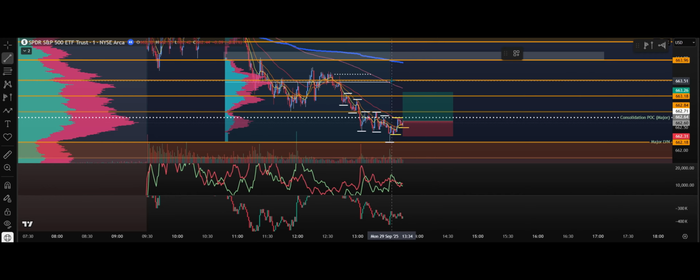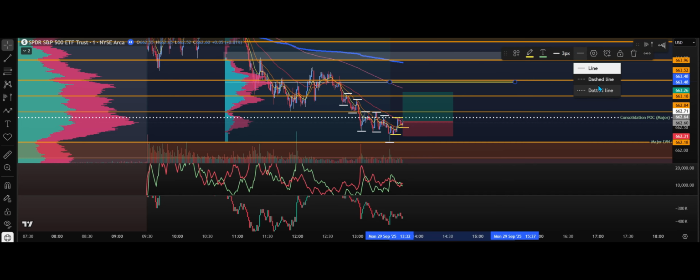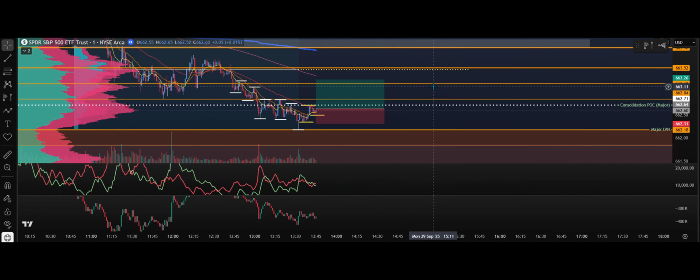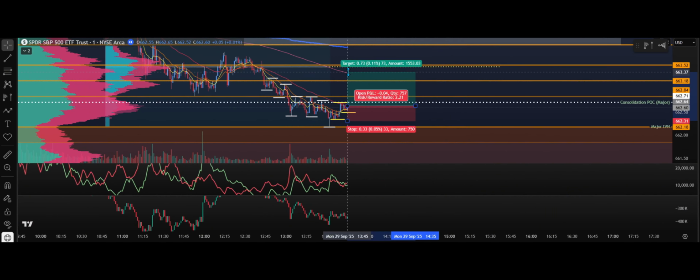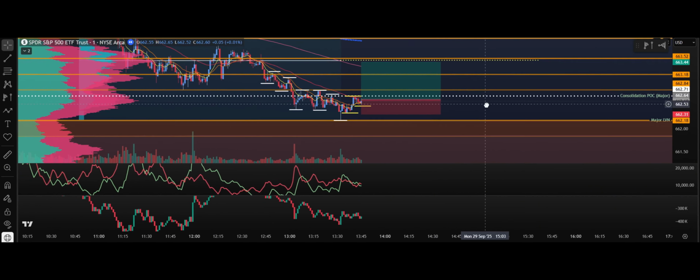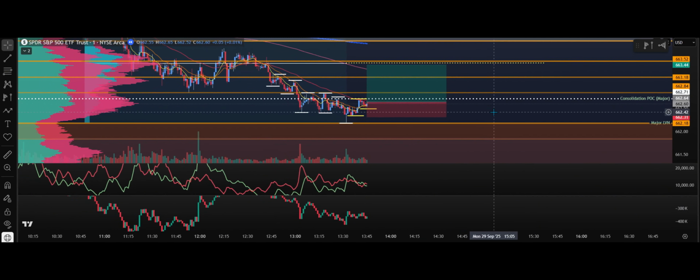So I'm going to go ahead and just put a yellow line for my target, and I'll make that dashed so I know it's a point of control. It's a bookkeeping thing that I do. And I'm going to go ahead and pull my target up to just below that, right? So that is the trade that I'd like to take on this bullish reversal.